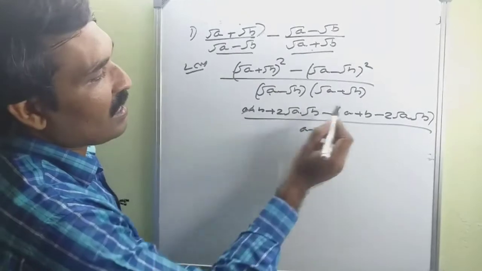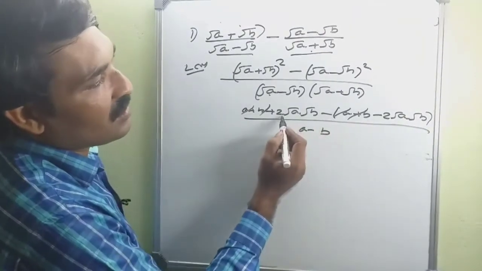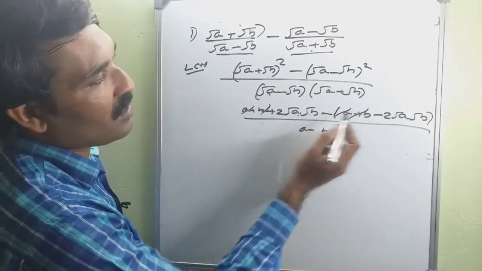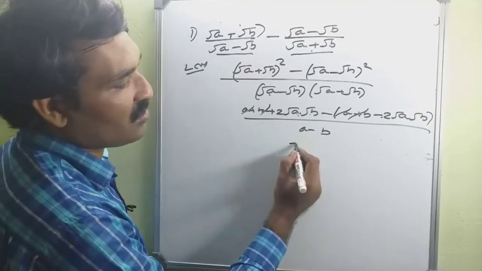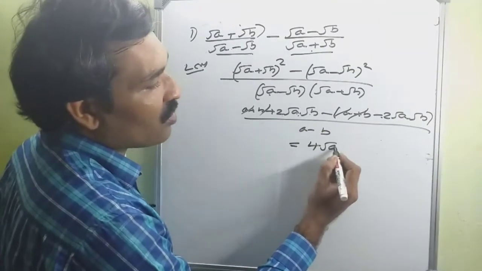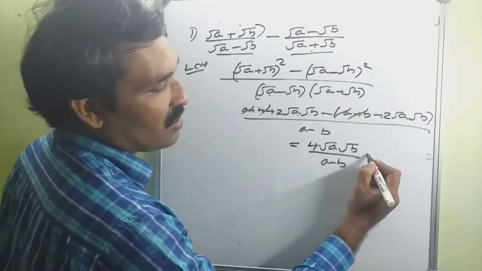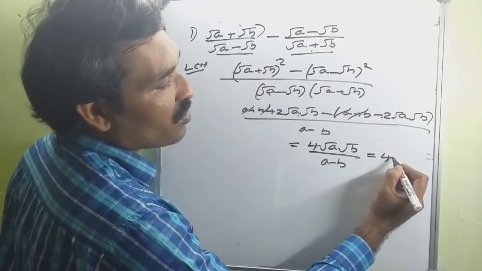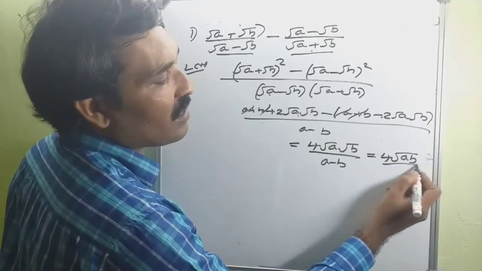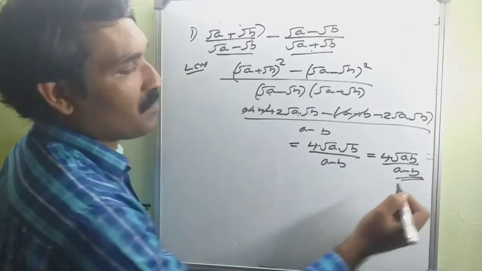Here a and a get cancelled, b and b get cancelled. This is equal to 2 root a root b into minus of minus, plus, that is equal to 4 root a root b divided by a minus b. So that is equal to 4 root ab divided by a minus b.